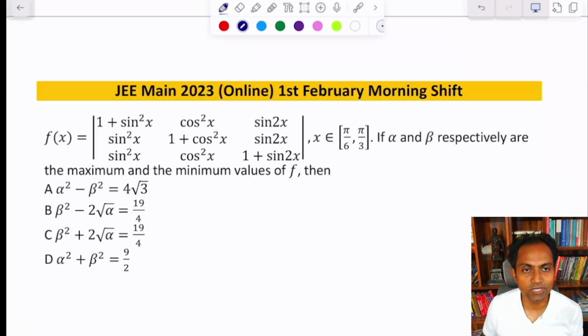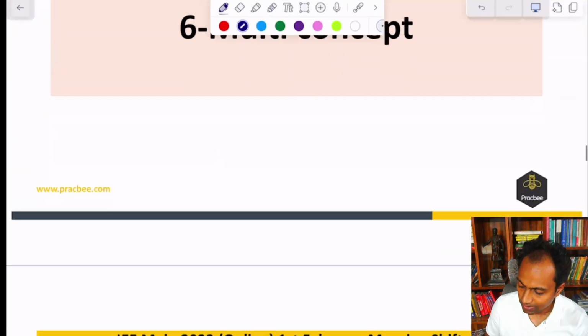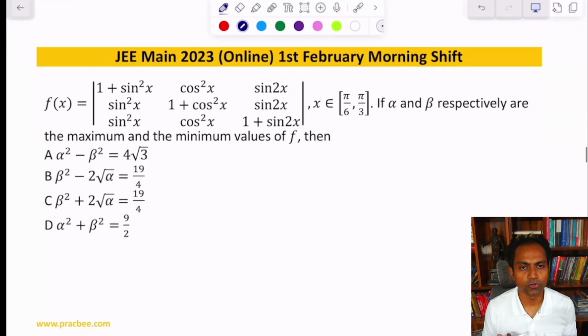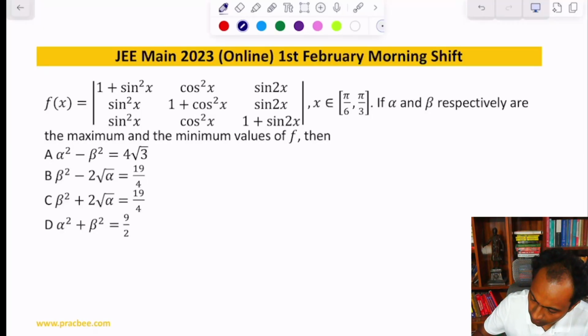If I look into this next question, it is based on multiple concepts. In this, you can see that there is a determinant, and after that determinant, the concept of maximum minimum value is also getting applied. So what you can do here is first solve the determinant. For solving the determinant, from row 1, I am going to subtract row 3, and from row 2 also, I am going to subtract row 3.